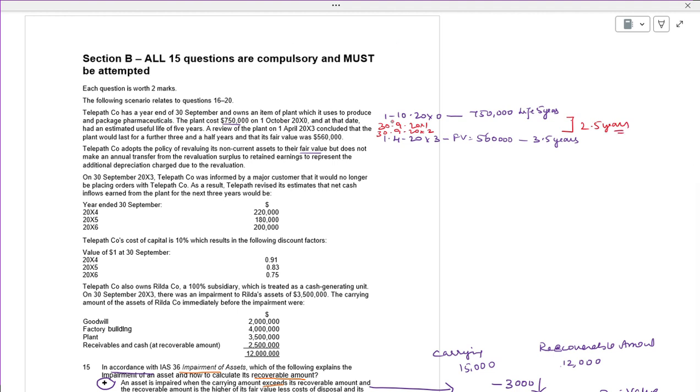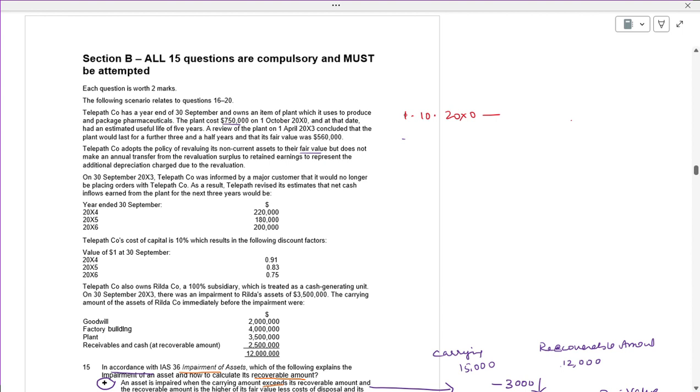I will write very clearly here. See, they have purchased on 1/10/2000.